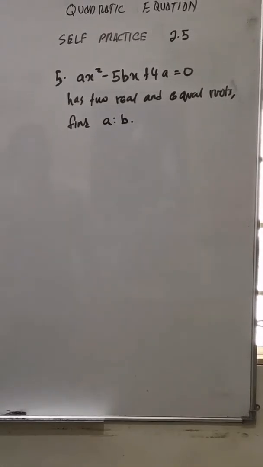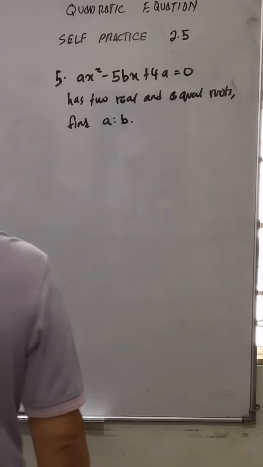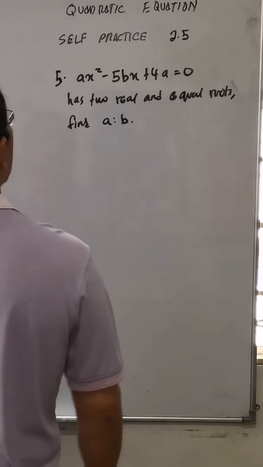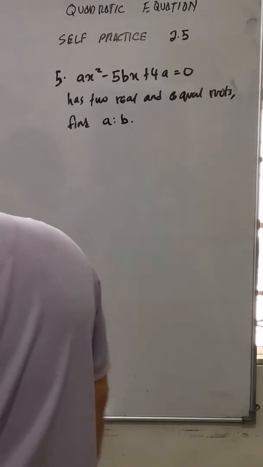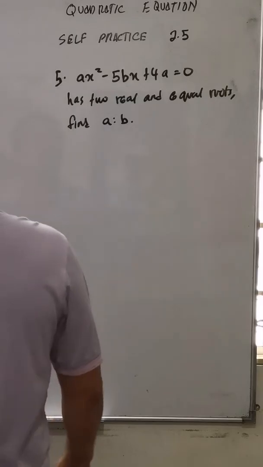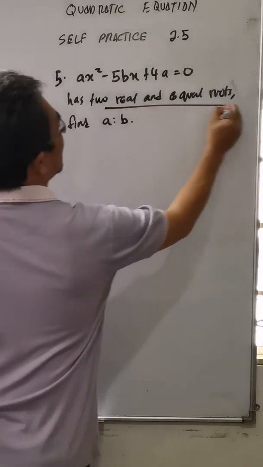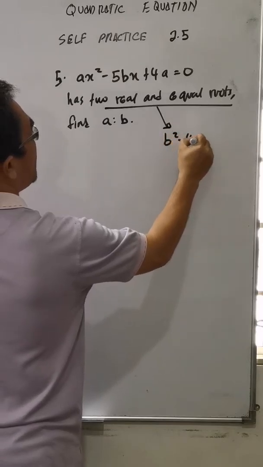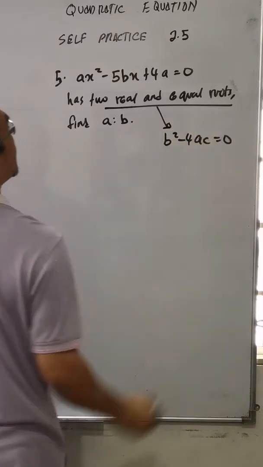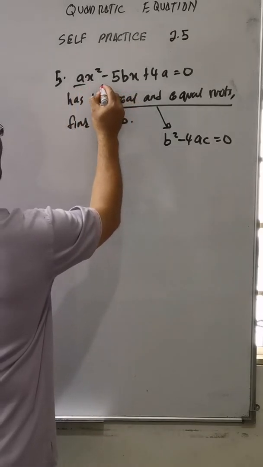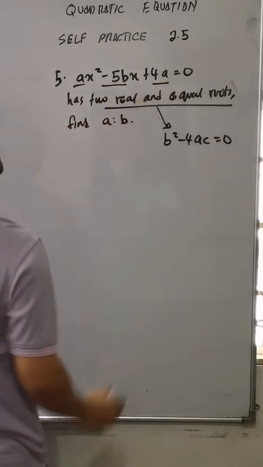Okay, number 5: ax squared minus 5bx plus 4a equal to 0 has two real and equal roots. Find the ratio a to b. Two real and equal means b squared minus 4ac equal to 0. So a is a, b is negative 5b, c is 4a.